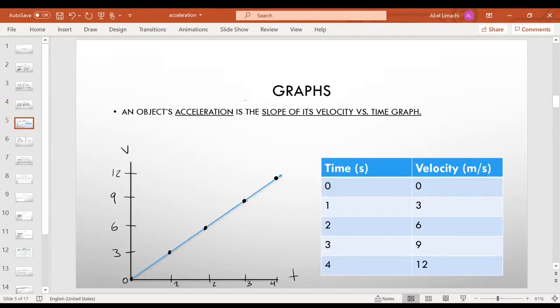graphs. An object's acceleration is the slope of the velocity versus time graph. You can also see this by an object's velocity being the slope of its position versus time graph.